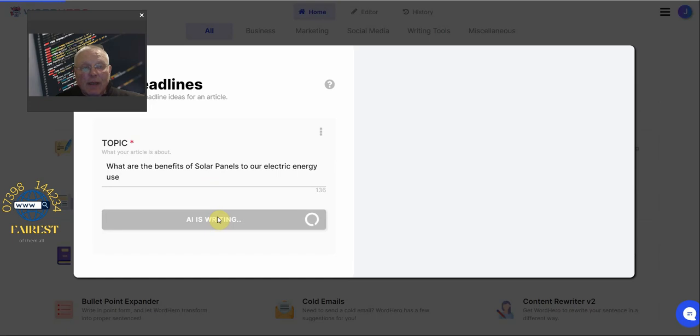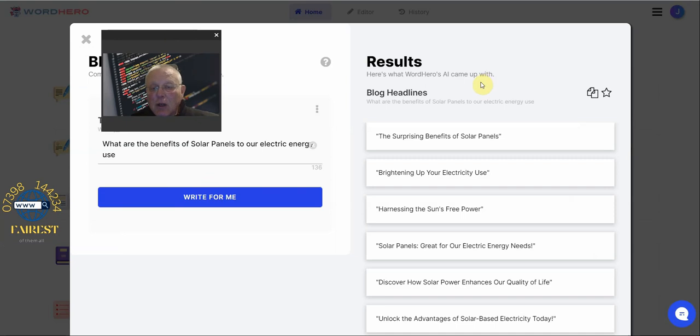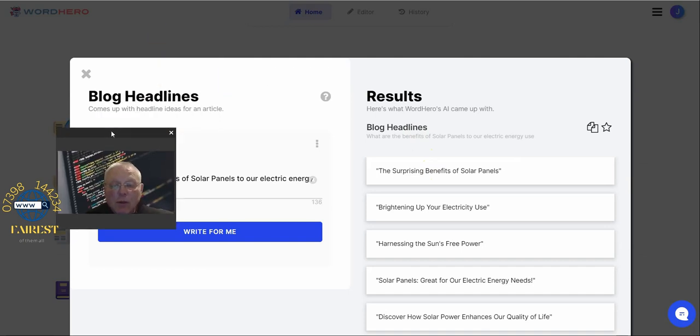So if I was looking for a blog headline, we might get some of the key things, and you get a headline like this, which is good and really helpful. So we could use something like this for ChatGPT.